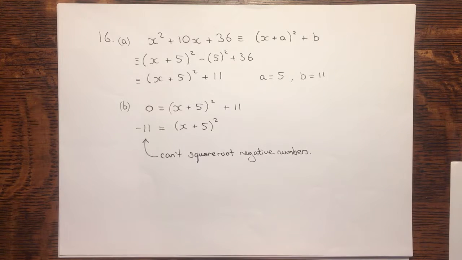We can't square root a negative number. Well, not and get a real solution. And imaginary numbers are not something we're looking at just yet. And that effectively shows why we cannot get any real roots.